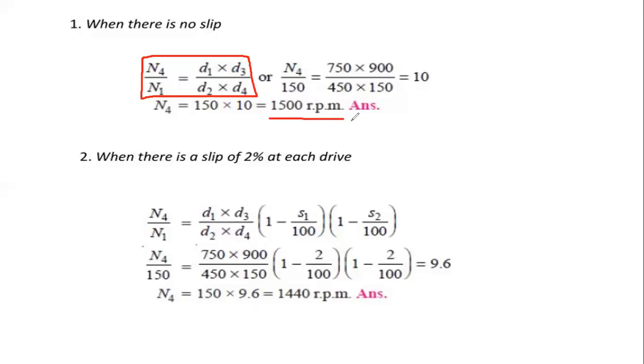Next, we take the condition when the slip is 2% at each drive.